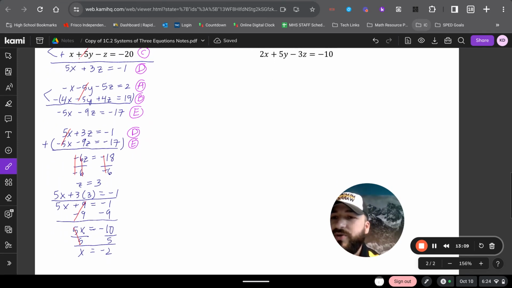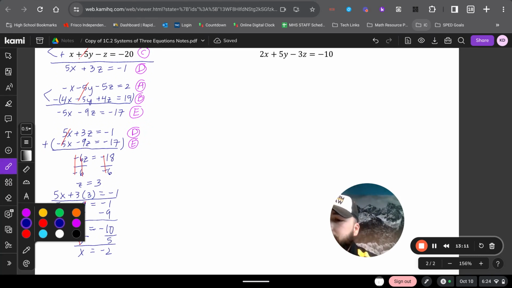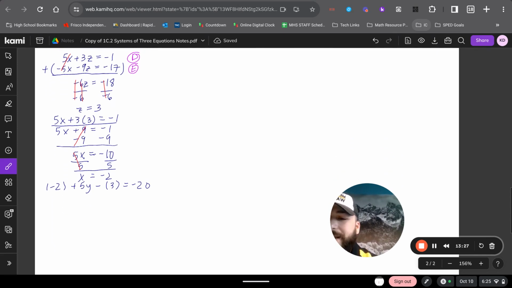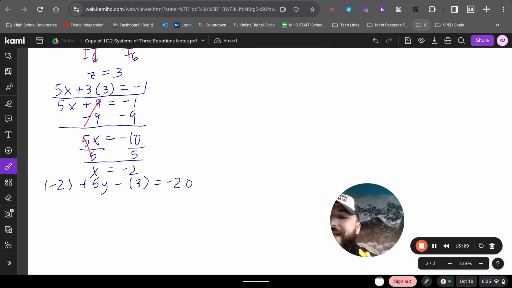So plugging into equation 3, we get that negative 2 plus 5y minus 3 is equal to negative 20. Looking across, I don't have anything I need to multiply, so I'm going to add 2 to both sides. And I'm going to add 3 to both sides.